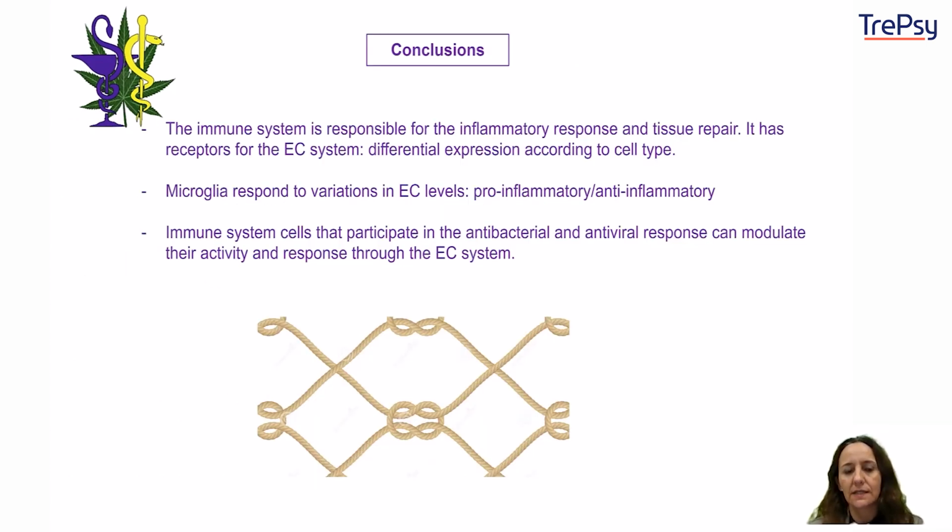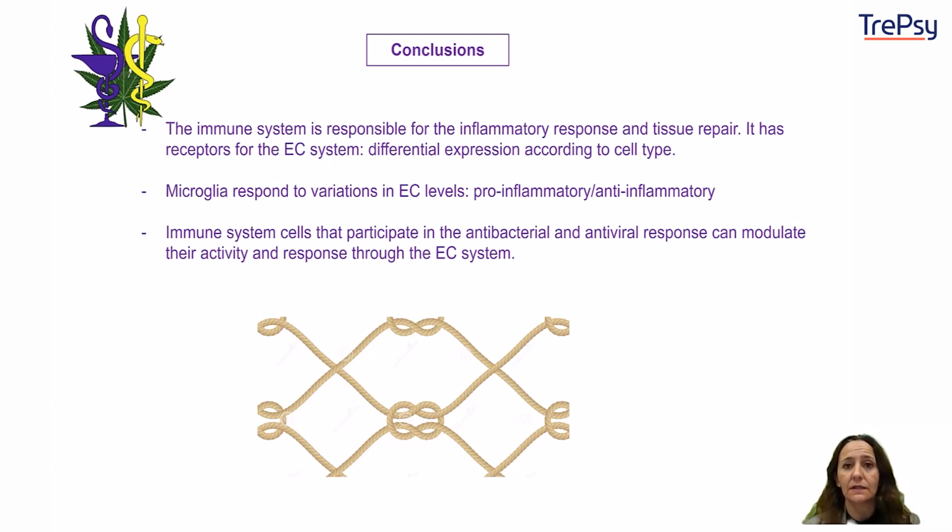So for this lesson, and to conclude, I want to tell you that the immune system is responsible for the inflammatory response and tissue repair. It has receptors for the endocannabinoid system, with different expression according to cell type.